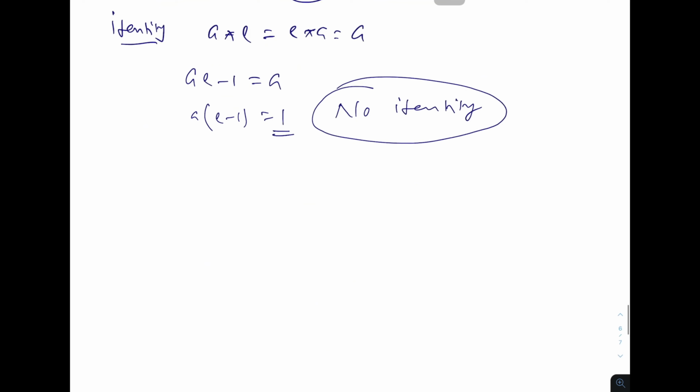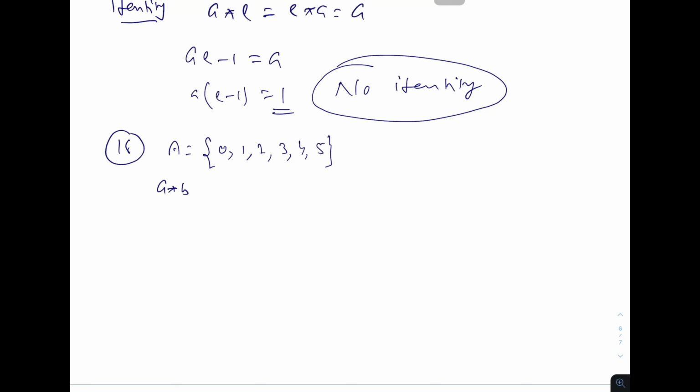This is a good example now. Say suppose A equal to {0, 1, 2, 3, 4, 5} and A star B is equal to remainder when A into B is divided by 6.